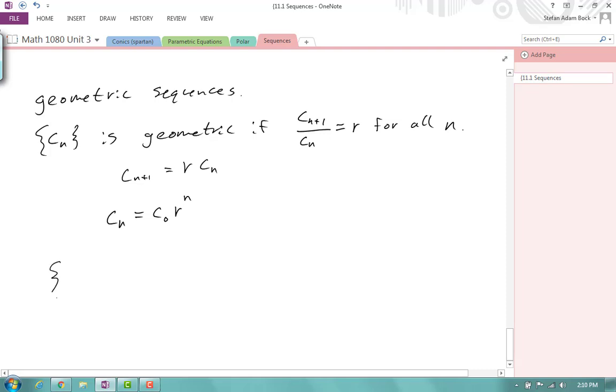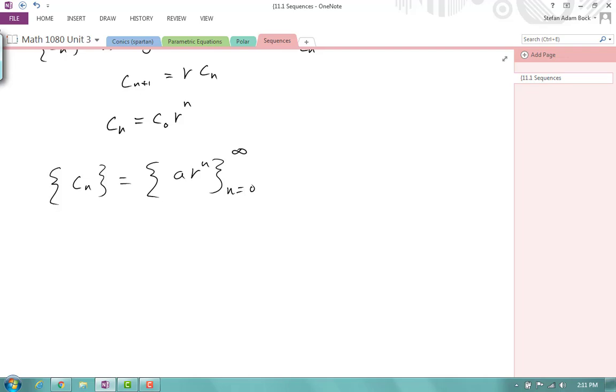So we'll typically write this like C sub n equal to a times r to the n, n equals 0 to infinity. Now, some books might choose to start this at 1 and change the power, but it doesn't matter. All of it can be worked around.